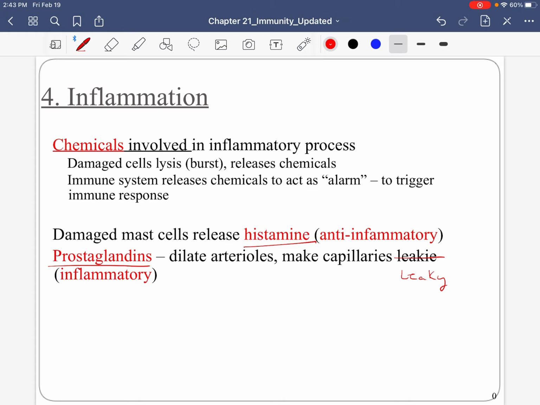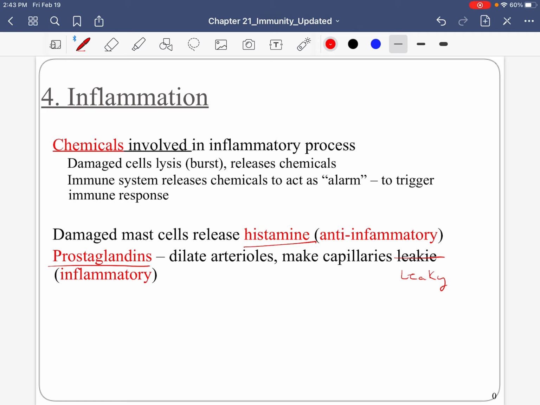I really am not. Okay, there's many chemicals involved that cause inflammation, and there's also many chemicals that we utilize as an anti-inflammatory. Here's two examples of chemicals: histamine and prostaglandins. As a matter of fact, there's one that's an inflammatory chemical and one that is an anti-inflammatory chemical.